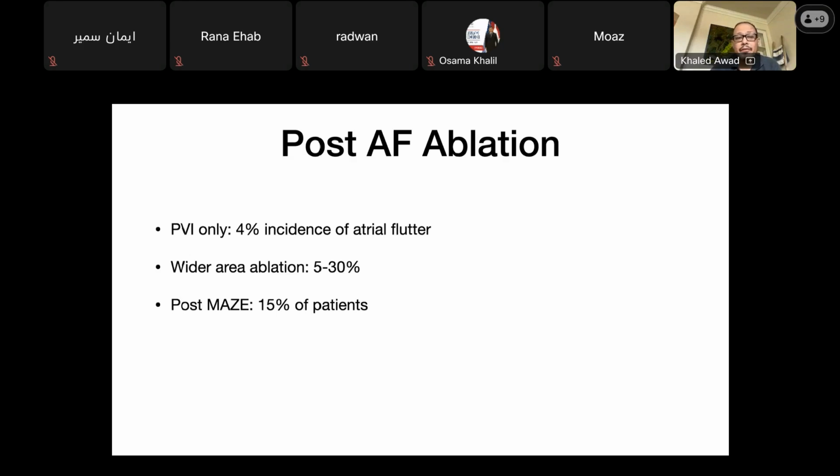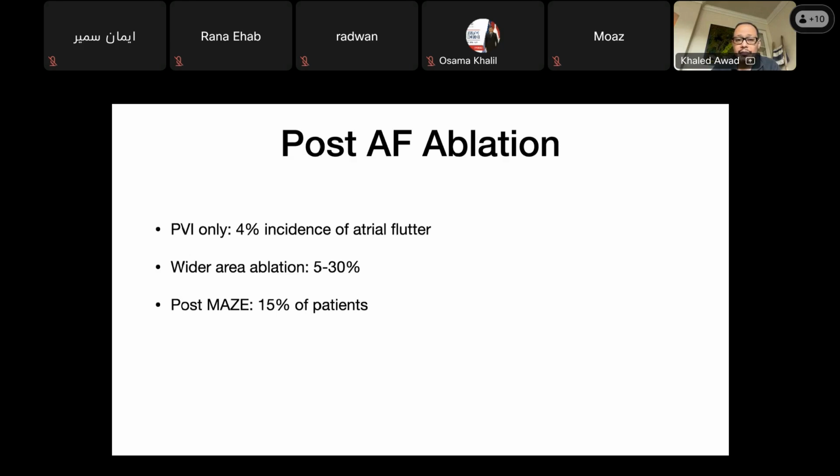Now, the approach to the AF ablation does have some bearing on that outcome. So it turns out the more ablation we do in the atrium, the more likely it is that we have these types of flutters. So if you only did a PVI, the incidence is about 4%. 4% of those patients will have atypical flutters.